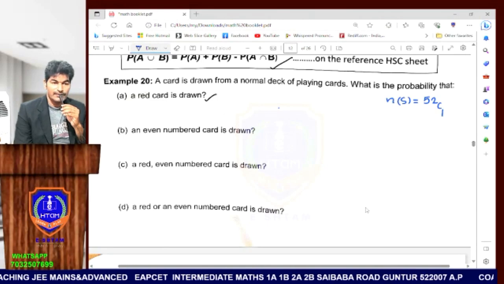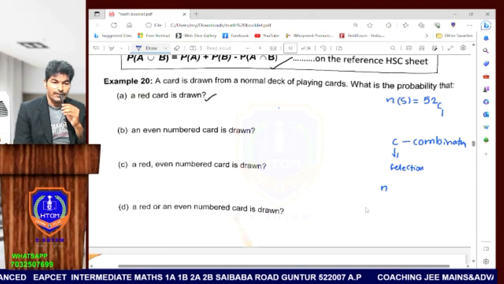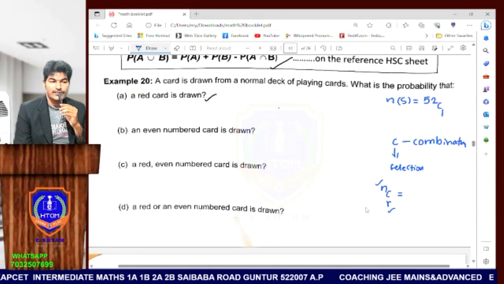C means combination. In English, it is called selection. In Latin, it is called combination. NCR means out of n things available, we have to select R things from that.